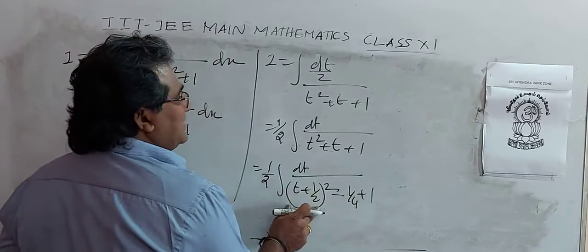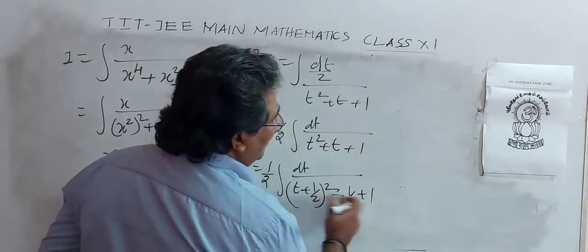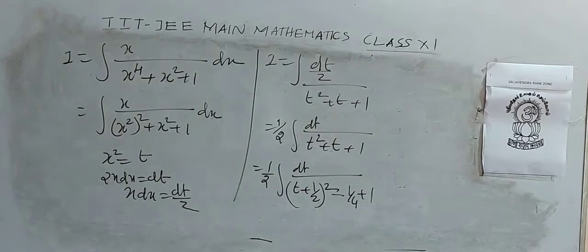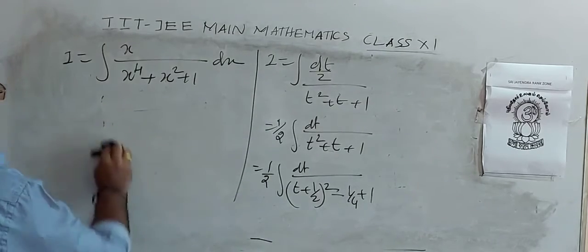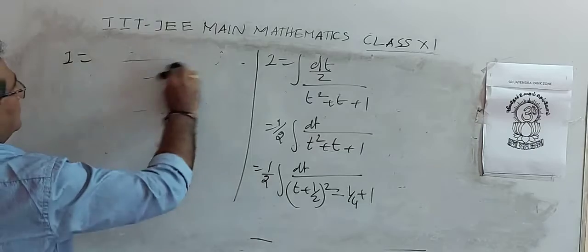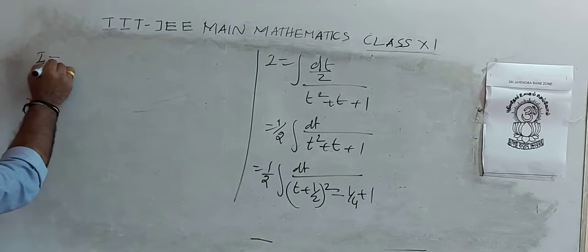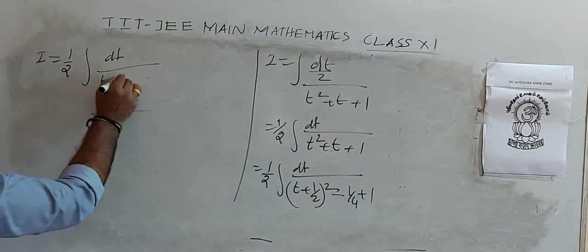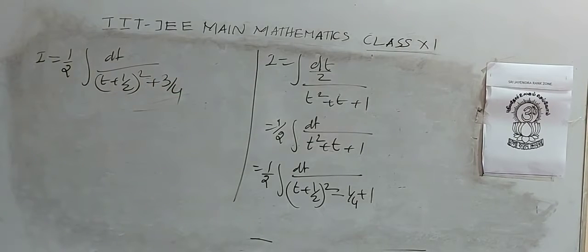So the expansion will consist 1 by 4 here, but there we don't have 1 by 4 in this place, so we have to exclude 1 by 4. So I equal to 1 by 2 dt by t plus 1 by 2 whole square minus 1 by 4 plus 1 plus 3 by 4.